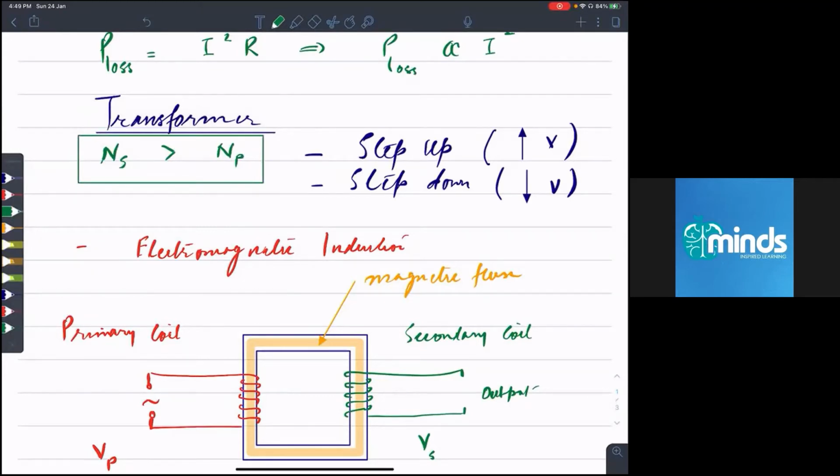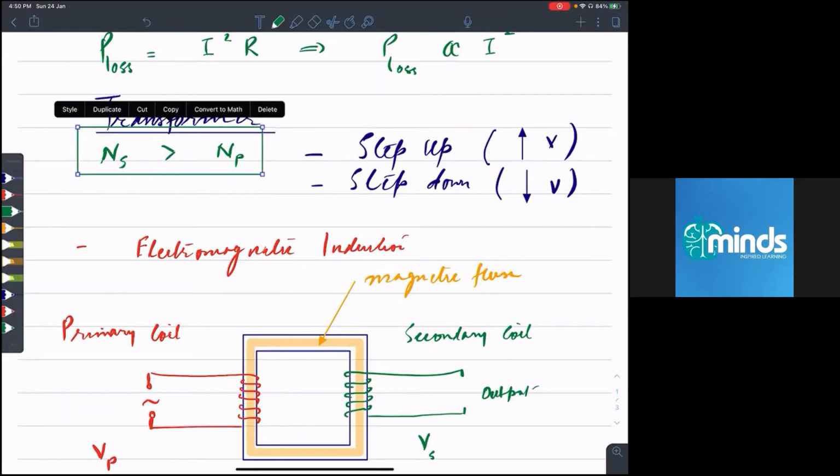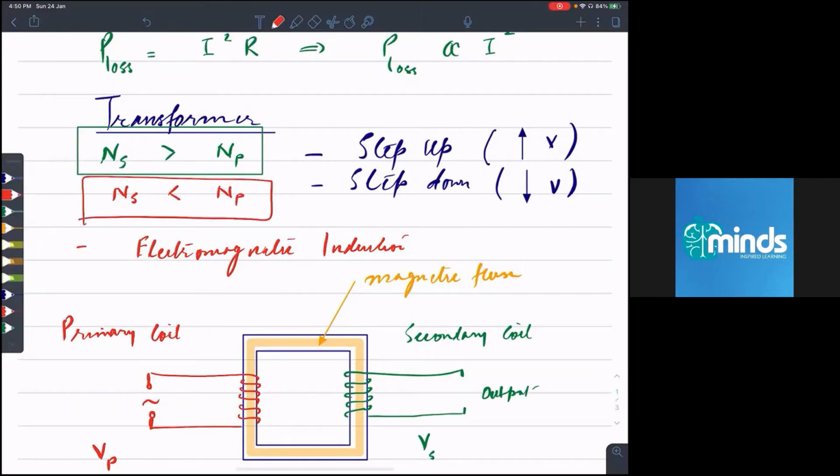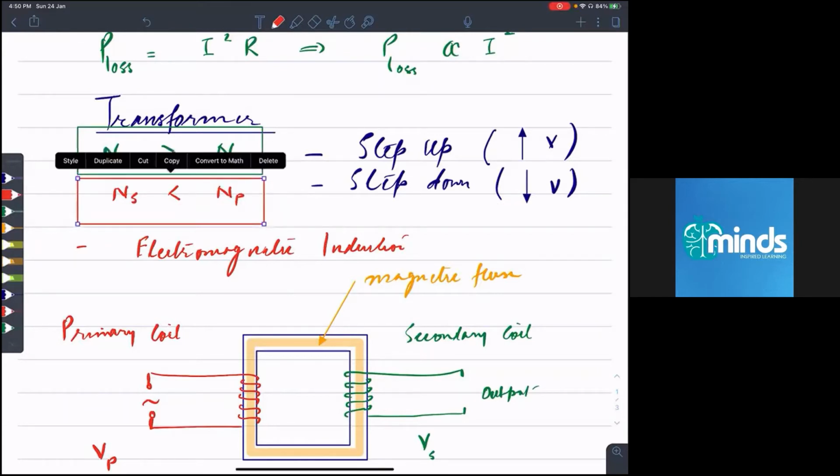Such a transformer is step up. For a step down transformer, the number of turns of the secondary should be less than the number of turns of the primary. By looking at the number of turns, you can decide whether the transformer is step up or step down. For step down, the secondary should have fewer turns, and for step up, the secondary should have more turns.